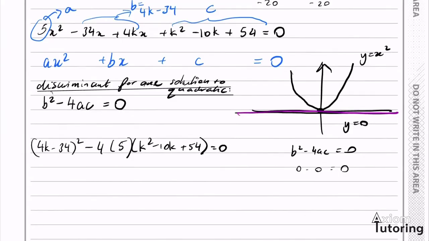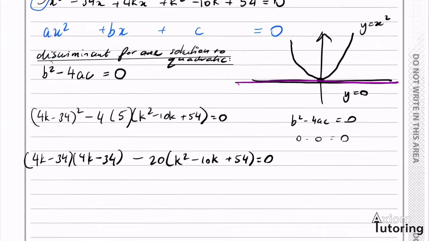For 4k minus 34, I might just write out the brackets here, 4k minus 34, 4k minus 34. Again, this will just make it easier for you to multiply out the terms. We're just using our FOIL method. And then we have minus 4 times 5, that's 20, times k squared minus 10k plus 54 equals 0.